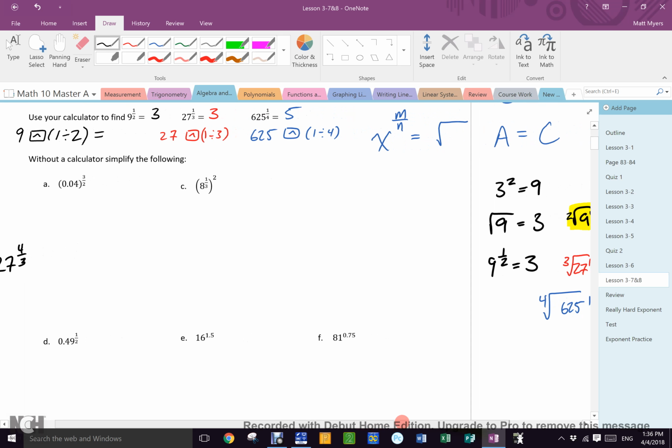Who would like to tell me what they wrote here? Take it away. N root x to the m. Always. Easy peasy lemon squeezy.